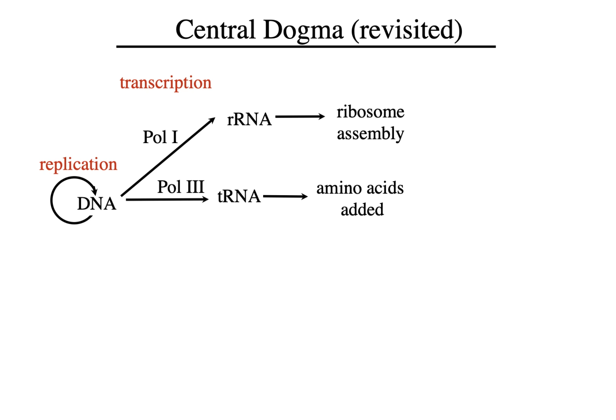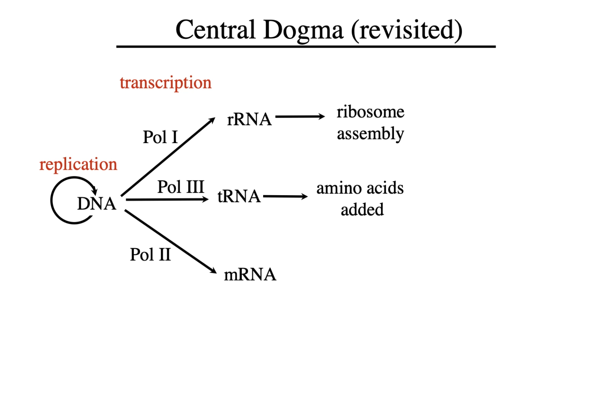So now they're charged with their attendant amino acids, ready for translation. And as with ribosomal RNA, these are never translated, right? They take part in the translation process, but they act as RNA molecules. They are never translated into proteins.